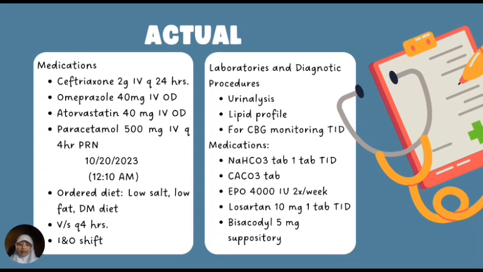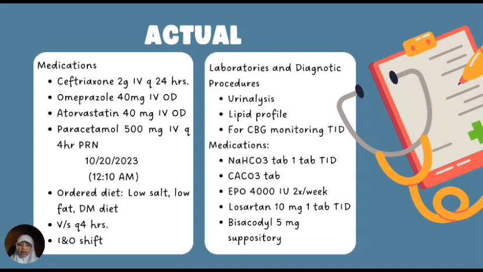Next, we have erythropoietin, 4,000 IU two times every week. So erythropoietin is a hormone that stimulates the production of red blood cells. In patients with acute kidney failure, the kidneys may not produce enough erythropoietin, leading to anemia. So supplementing with erythropoietin helps manage anemia by increasing red blood cell production.